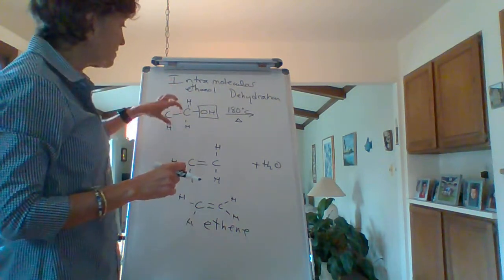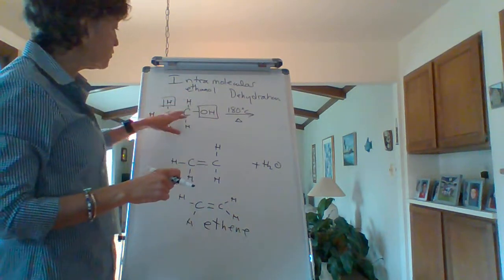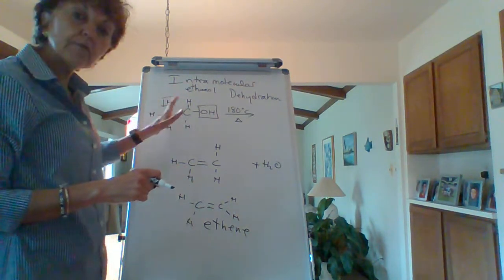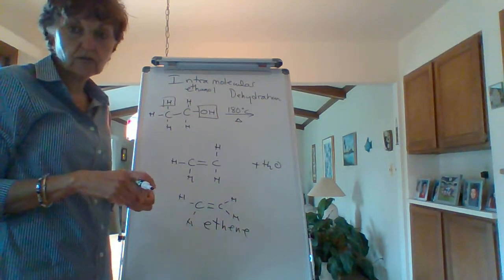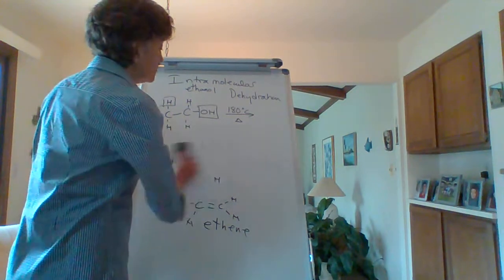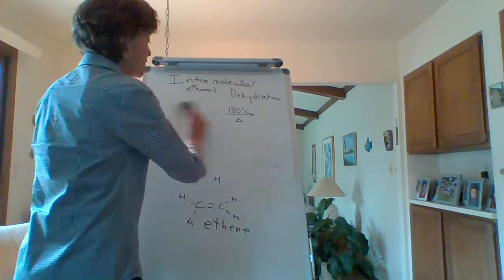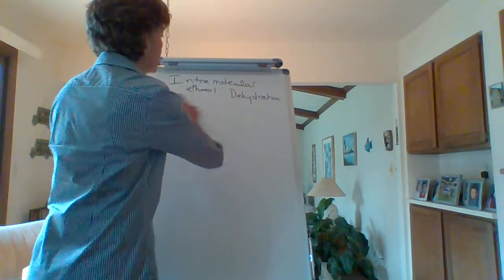Intra meaning within the same molecule, you're removing an H and an OH. You always remove an H from the carbon that is next to the carbon that has the OH attached. All right. Now the other thing that primary alcohols will do is intermolecular dehydration, and that is at 140 degrees.